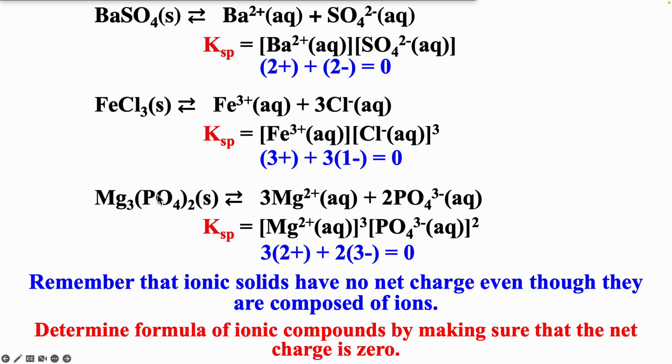For magnesium phosphate, magnesium is a +2. It's an alkaline earth. The phosphate is on our list of polyatomic ions to memorize. It's a -3. So we need 3 magnesium ions for every 2 phosphate ions to get something that is charge neutral.